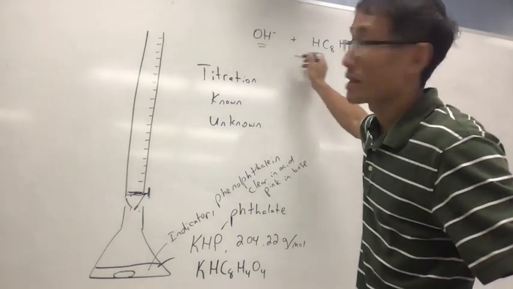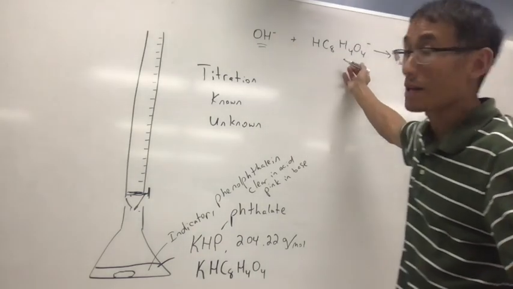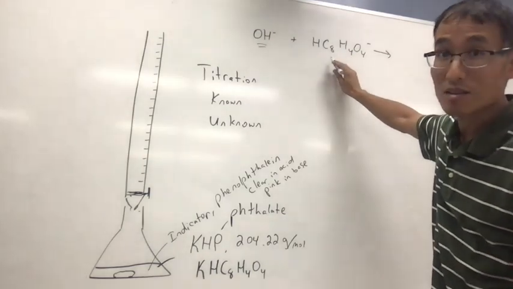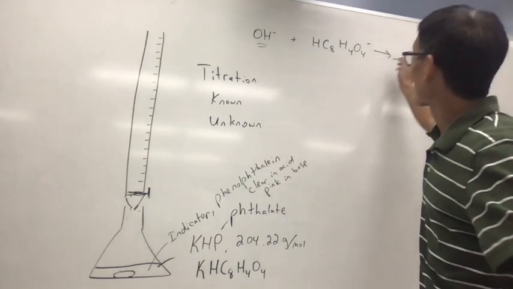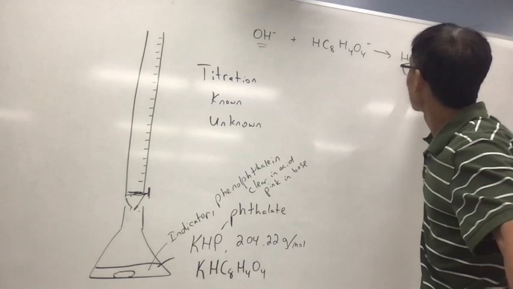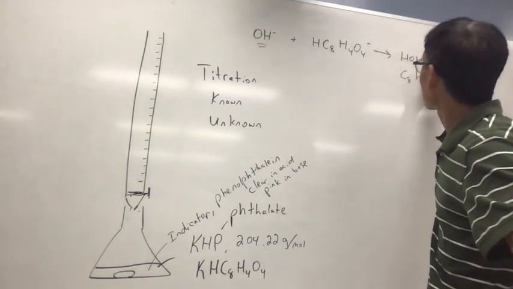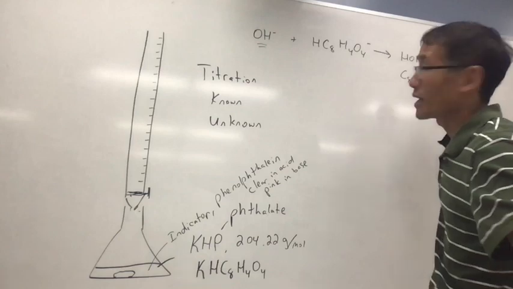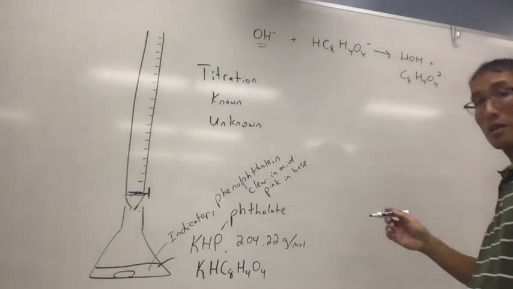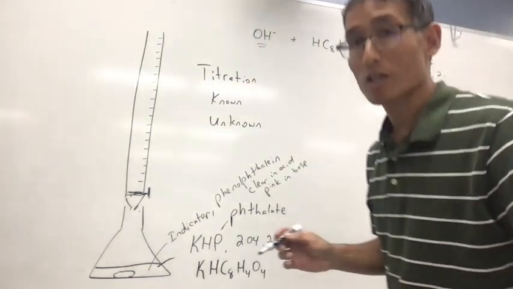So OH is going to react with my hydrogen phthalate, and we're going to form water and C8H4O4 2 minus. Okay, you can see that, that's my full equation.